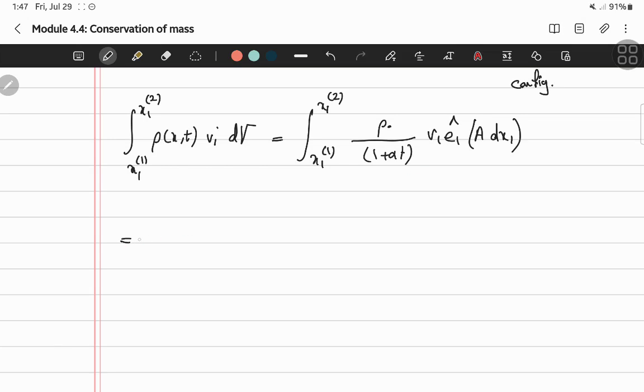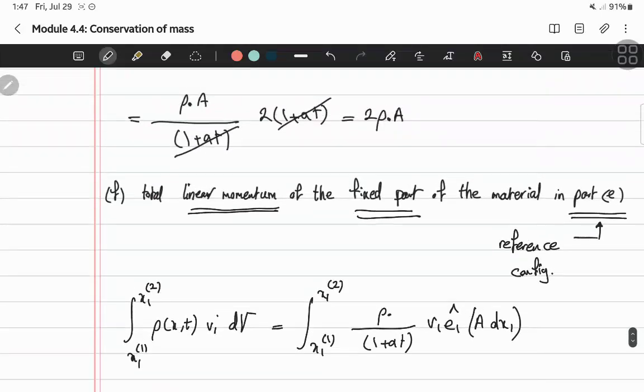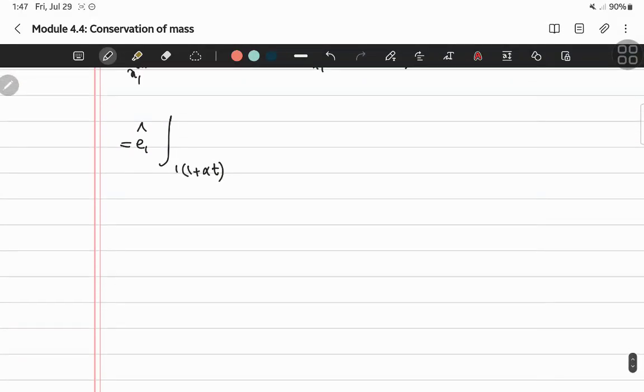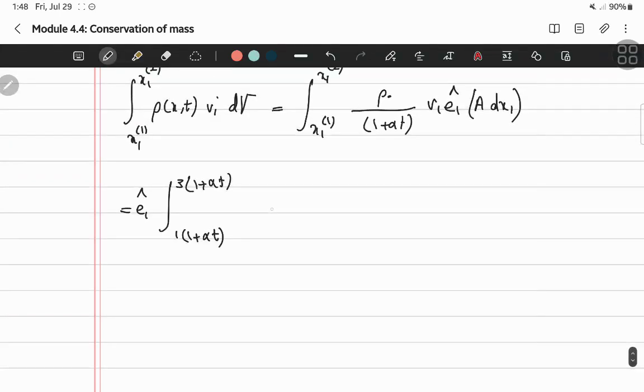So if I take out this e1 in here from the integral, now I write down in here, so instead of x1, I write 1 plus alpha t. Because we know that this small x1 is a function of capital X1 and t, so I'm going to change the range of the integrals to this in here, and basically replace x1 1 and x1 2 with 1 and 3. So then I have rho 0 A divided by 1 plus alpha t.